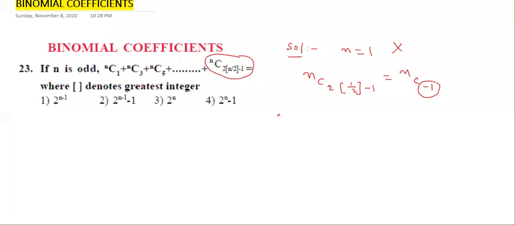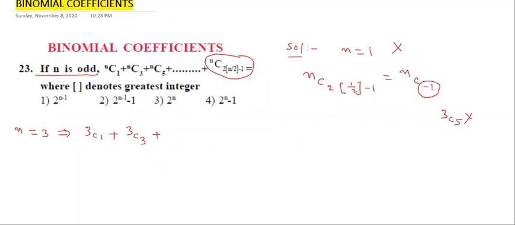Now take n is equal to 3. Why am I taking 3? They are given n is odd. 1 does not exist, that's why I am going to 3. Now substitute these values in the question. First, 3C1 plus 3C3, plus the next term 3C5. 3C5 cannot exist.